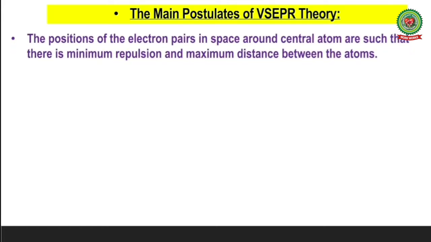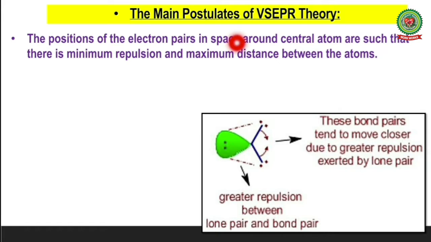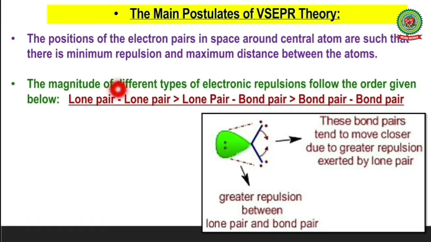Now the next point is that the position of the electron pairs in space around the central atom is such that there is minimum repulsion and maximum distance between them. So the electrons arrange themselves in such a way that there is minimum repulsion and maximum distance, and the magnitude of different types of electronic repulsions follows the order given below: lone pair-lone pair repulsions are more as compared to lone pair-bond pair repulsions, and bond pair-bond pair repulsions are the least.